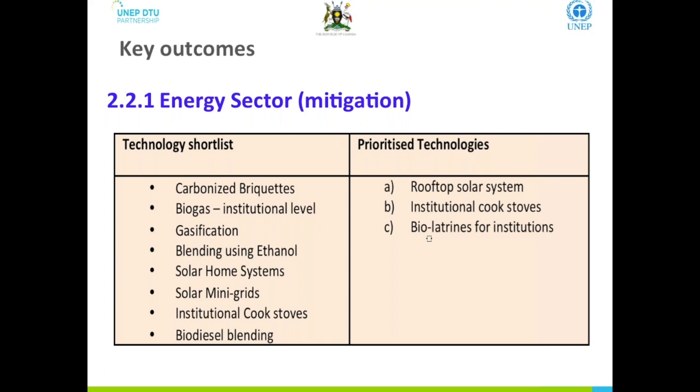The stakeholders thought that there's a lot of biogas being produced in all these institutions. Besides the institutional cookstove, if these institutions could tap into the biogas emitted from biolatrines, we would go a long way to mitigate energy paucity.